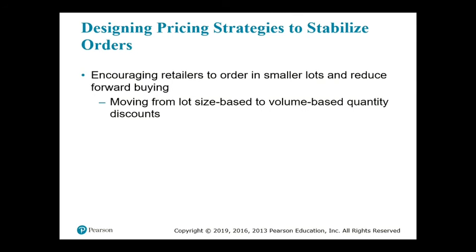So rather than saying, if you place an order of such and such size, I'll give you a discount, one can say that if during the whole quarter you order sufficiently, then I'll provide you a volume discount. That removes the incentive to order in large sizes each order.